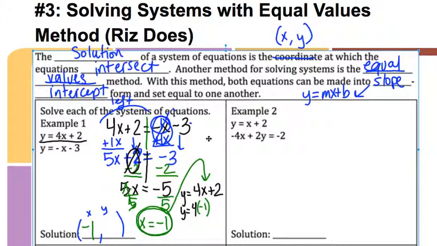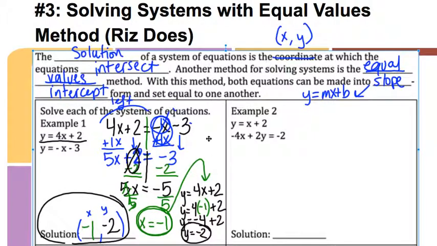I replace the x, plus 2. So that's y equals -4 plus 2. I multiplied 4 and -1. And -4 plus 2 makes -2. So y is equal to -2. So my final answer, my solution, is (-1, -2).